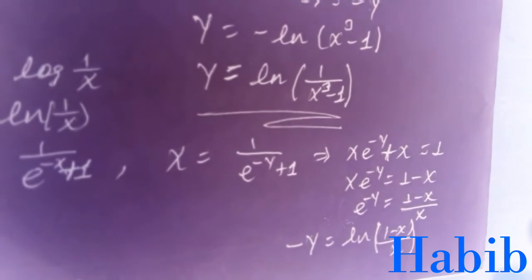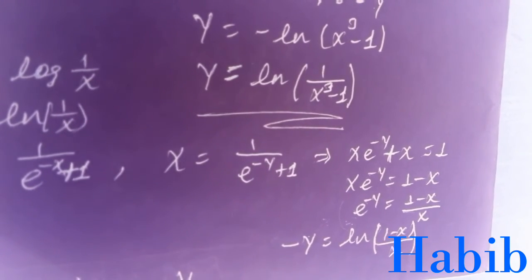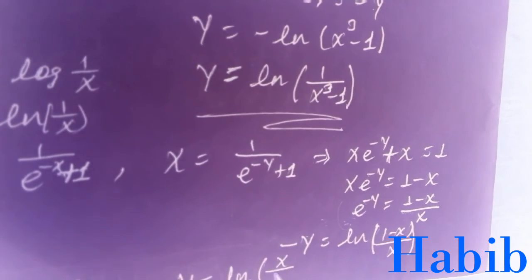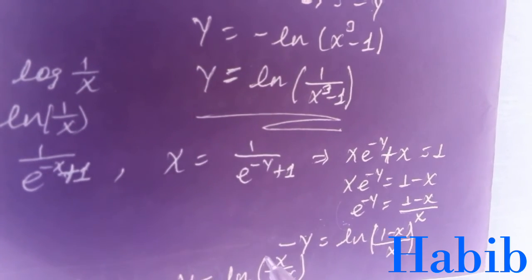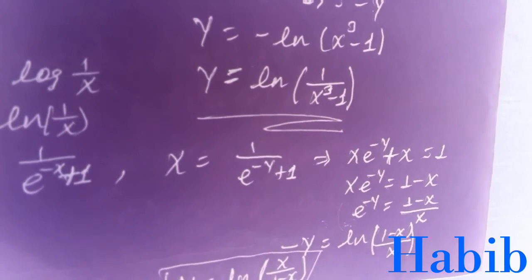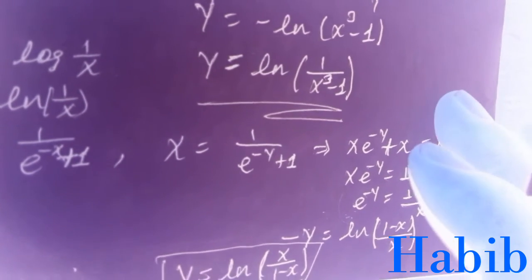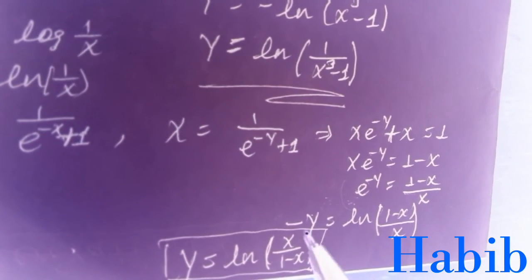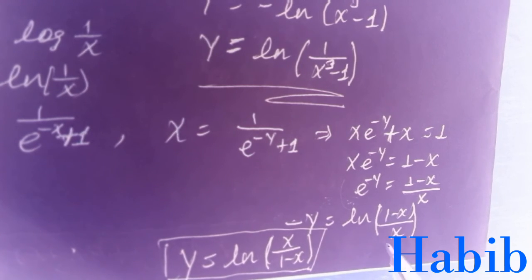Therefore y becomes ln of 1 over (1 minus x over x), which means ln of x over 1 minus x. This is the inverse of the function 1 over e raised to minus x plus 1. Therefore this one becomes the answer.